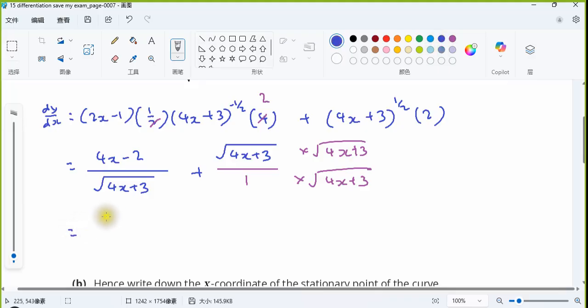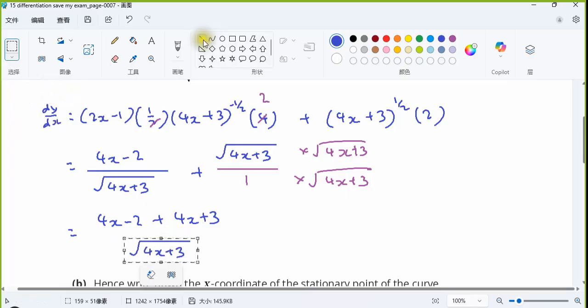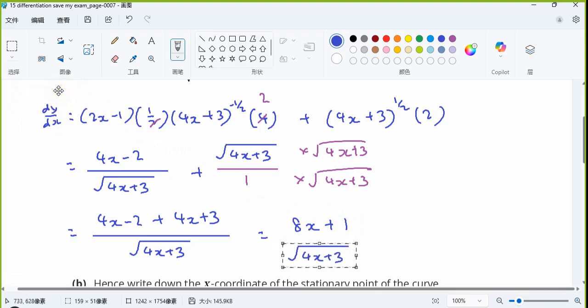So we will have 4x minus 2 plus 4x plus 3, and then over this. So this one will become 8x plus 1 over the square root of 4x plus 3. Okay.